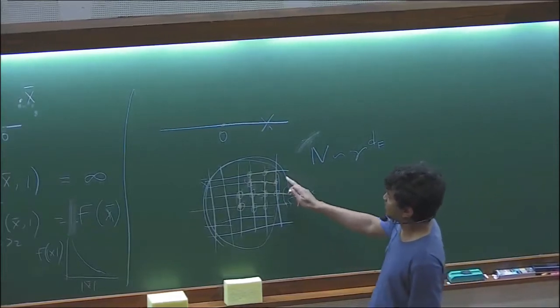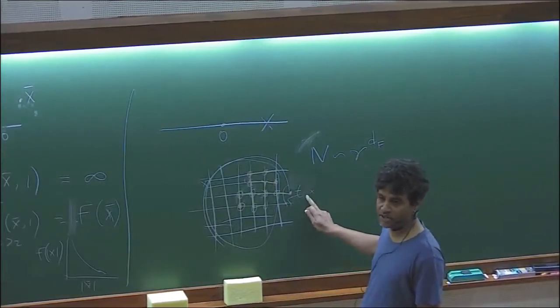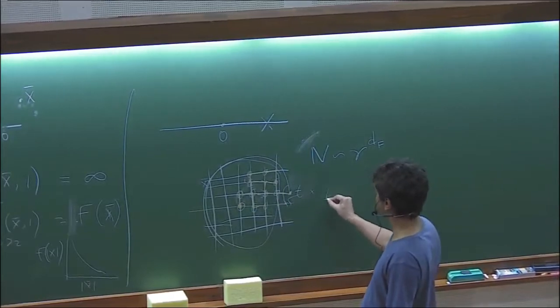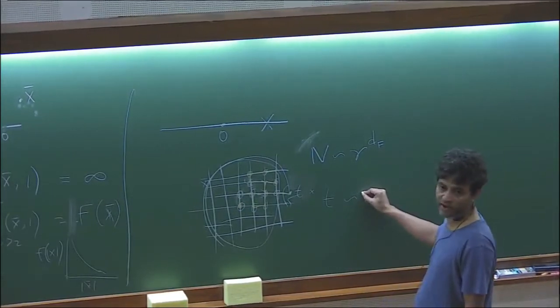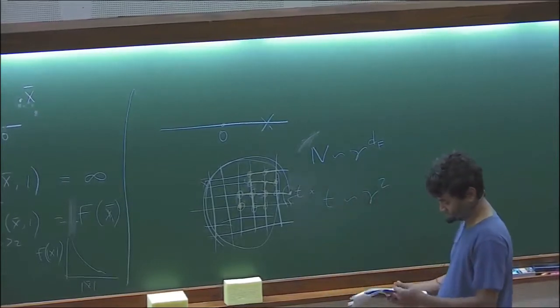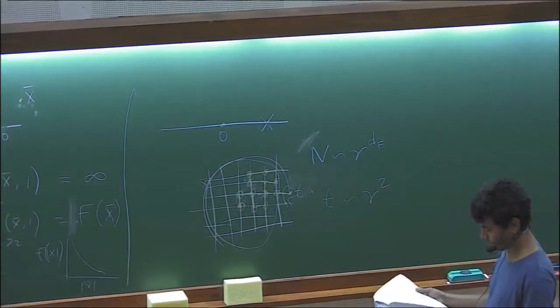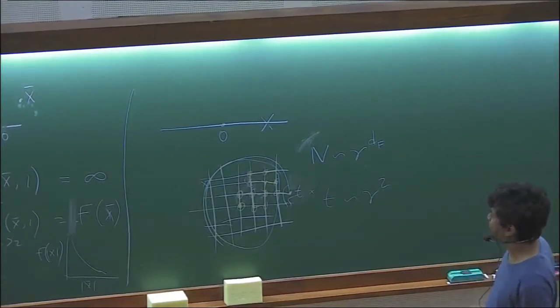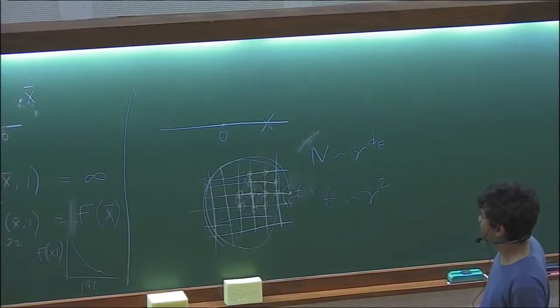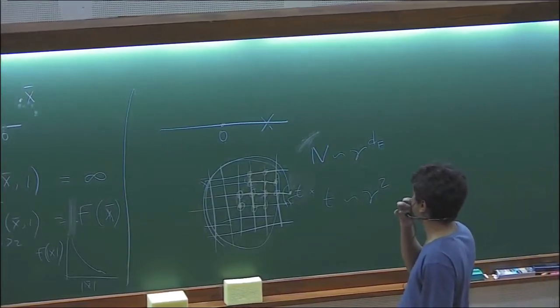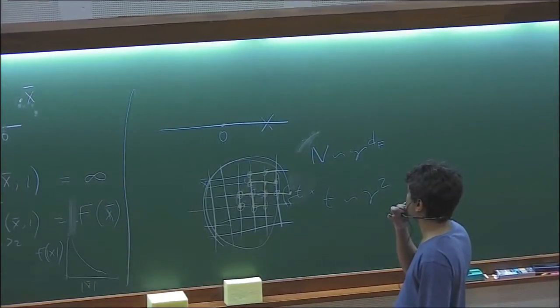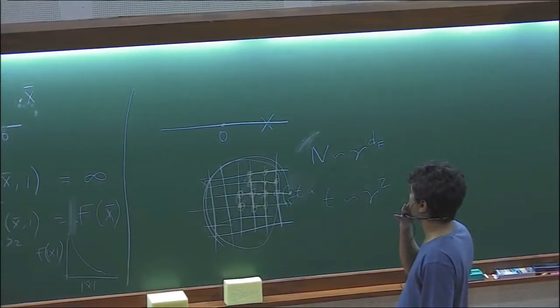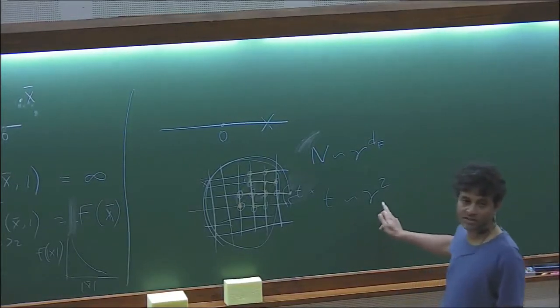Now if the random walk walks for time t, then the radius is typically, as we just said, r square. So T goes as R square.